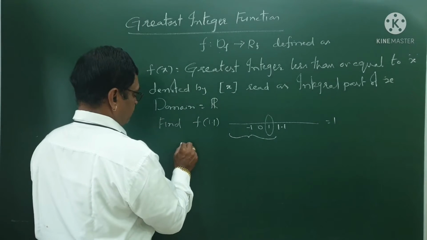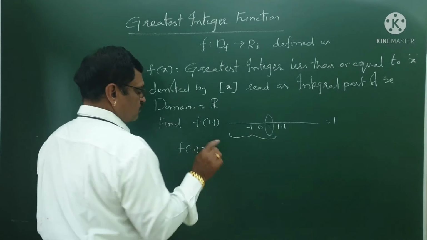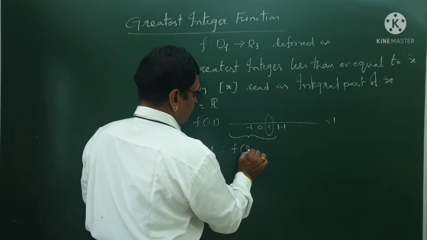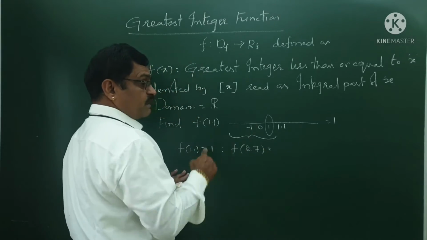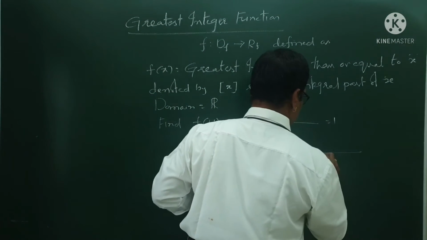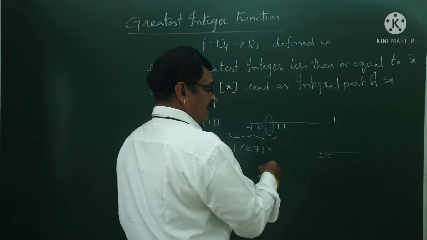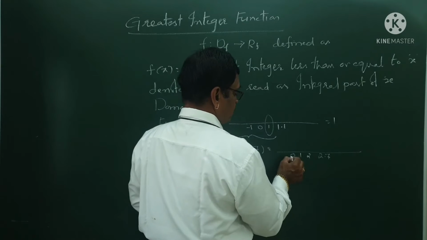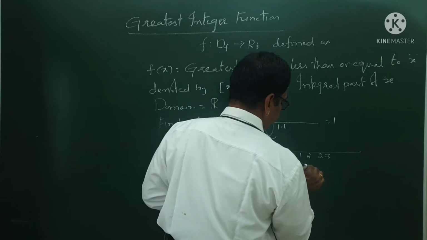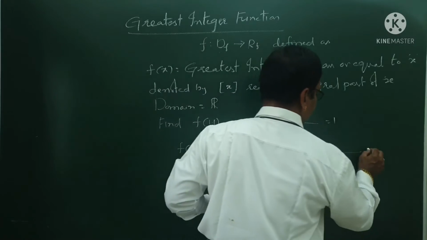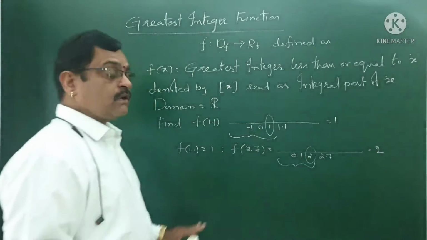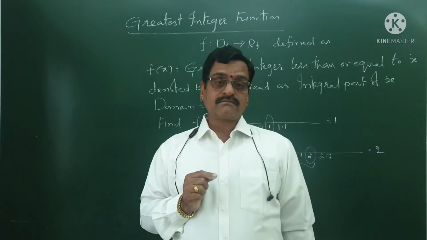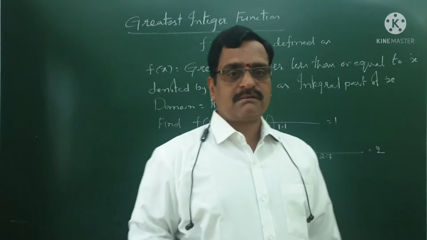Therefore, f of 1.1 is equal to 1. Similarly, if I want to take f of 2.7, locate 2.7. Less than that is 2, then 1, then 0 and so on. Among all the integers, 2 is the greatest one, therefore the answer is 2. So here we are taking the nearest integer on the left side of the given real number.